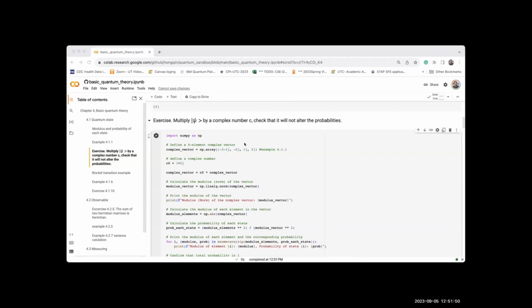Okay, it's a good exercise. So, in theory, it doesn't change the probability. So in a way, we just normalize everything, and just use a normalized one to represent all other values. So in a way, it really simplifies the quantum computing.